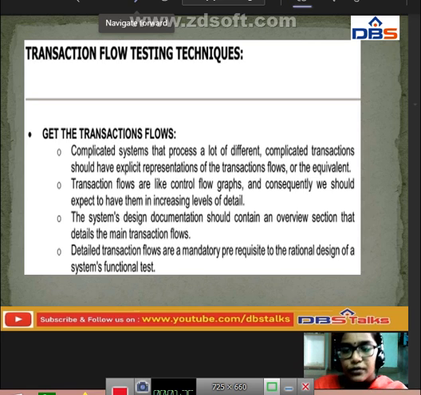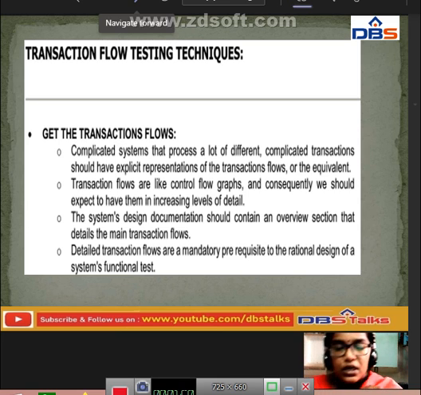In complicated systems there is a lot of difference. If you have complicated transactions and explicit representations of the transaction flows, then at that point we are going to get the transaction flow.